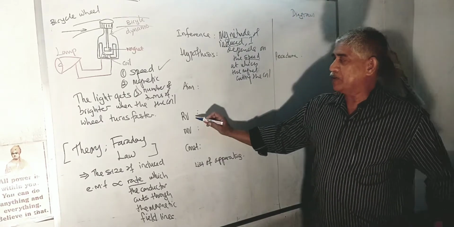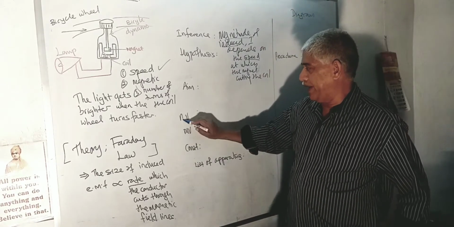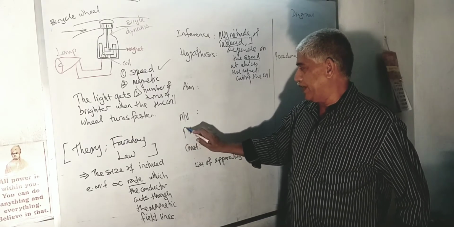Next, the manipulated variable and the responding variable. Usually we write the manipulated variable first, then we look for the responding variable.